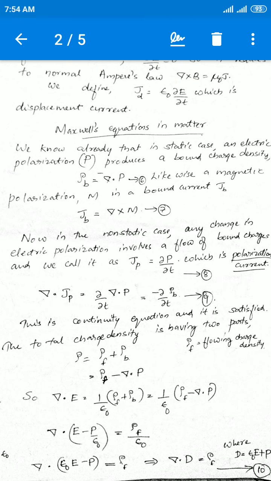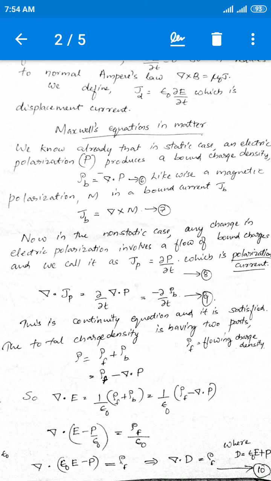The total charge density now has two parts, rho B and rho F. What is rho F? It is the flowing charge density, due to the flow of charge.